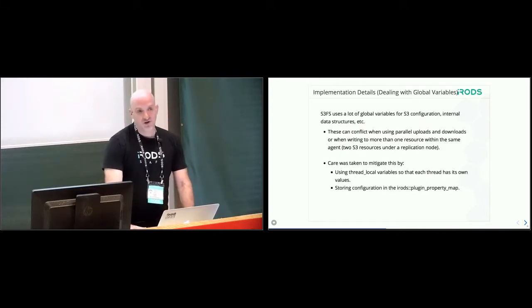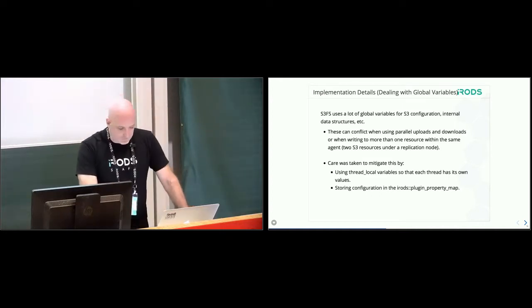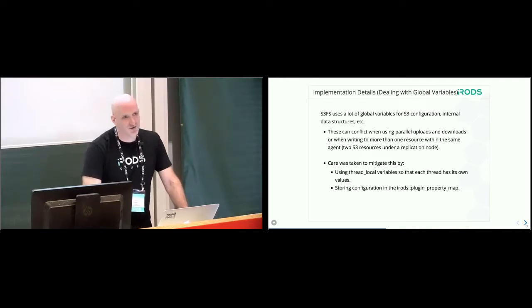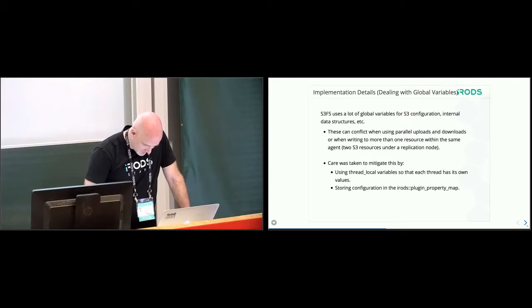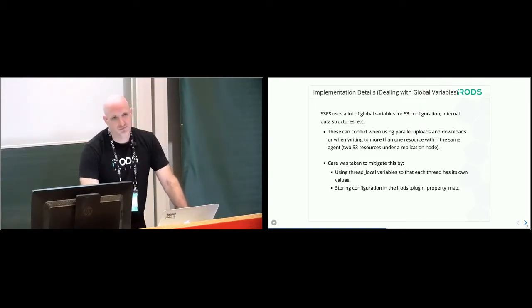One problem with S3FS as a starting point was that it used a lot of global variables. If you just test it in a single resource mode, it didn't really cause any problem. But once you put two S3 plugins under a replication node, or even some parallel puts and gets, that started to cause some problems every once in a while.